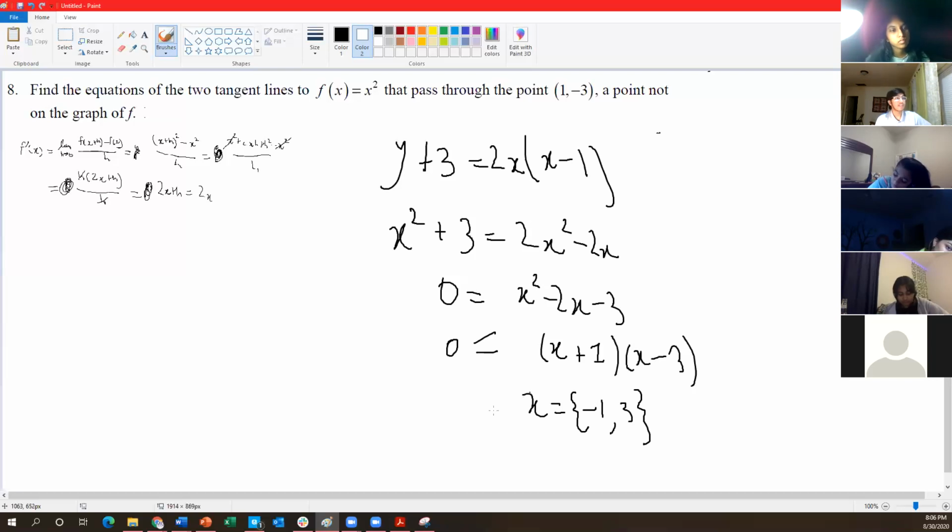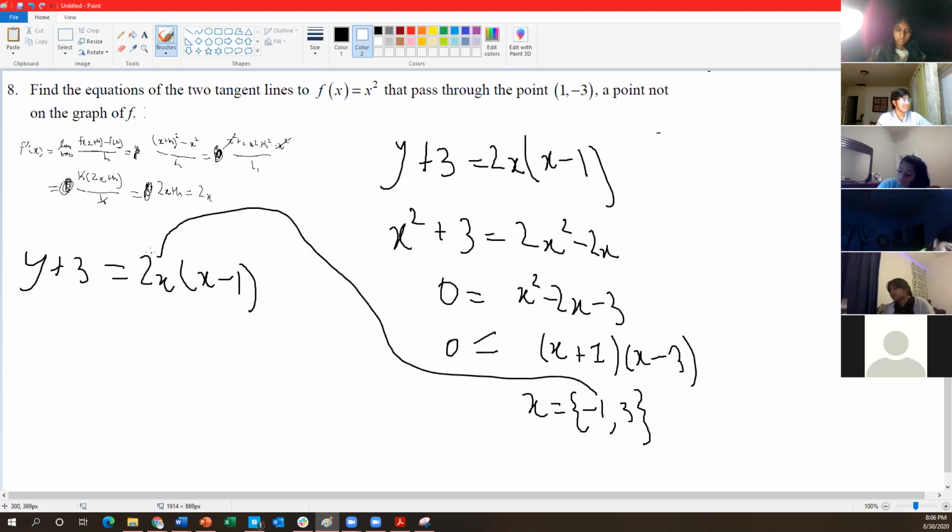Now, if we're going to find the tangent line, all we have to do is put it in point slope form, where it's y plus 3 equals 2x times x minus 1. But now that we have our x values, we can plug these in to figure out the specific formulas. So the first equation is going to be y plus 3 equals negative 2 times x minus 1.